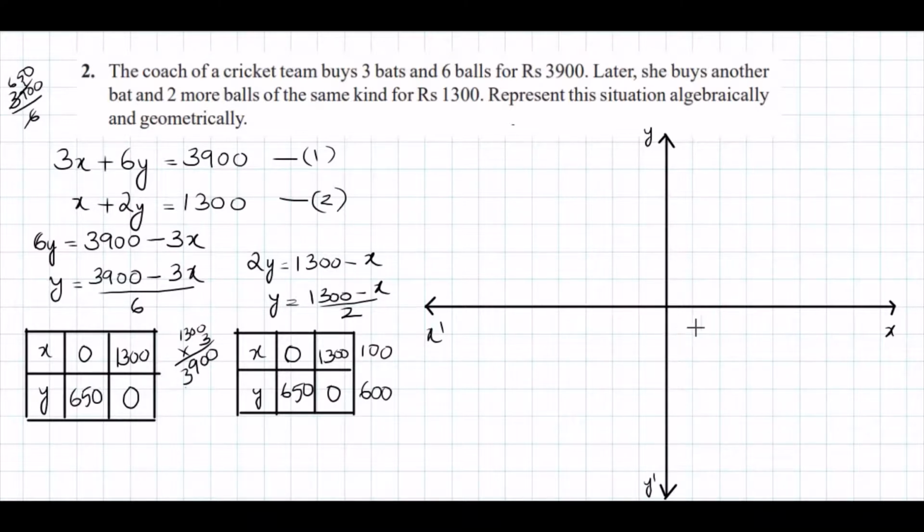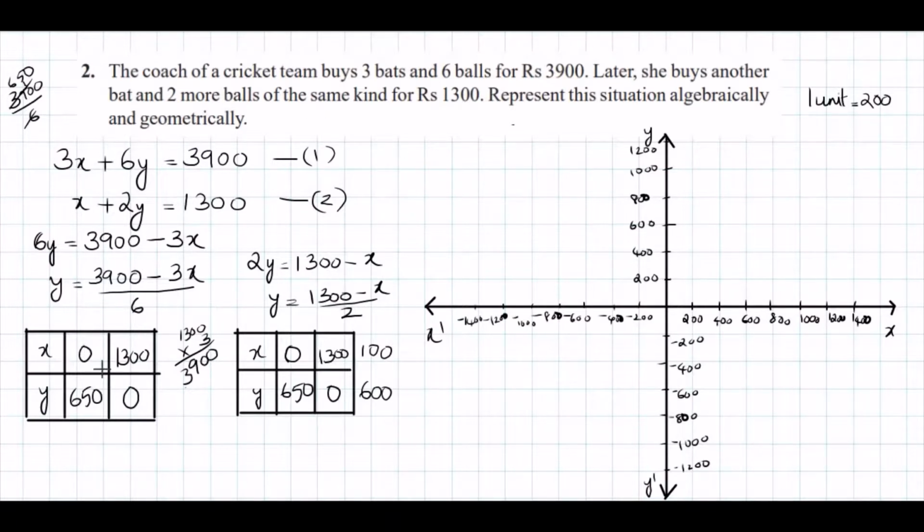So what you have to do is take the unit distance as 1 unit equal to 200 rupees, because we are plotting for rupees. In the graph paper, just write that you have taken 1 unit as 200. So here it is 200, the next value will be 400, 600, and it goes on.